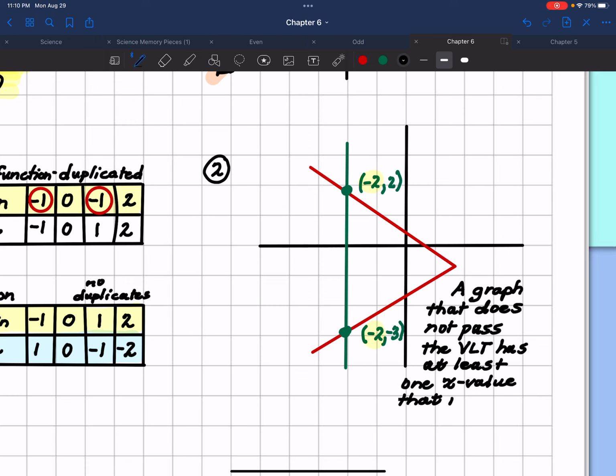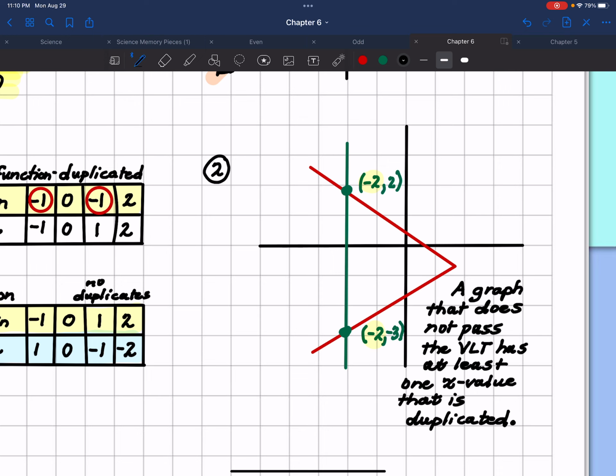And that will always be true. This is a theory question. These were always hard for me. But any graph that fails the vertical line test has at least one x value that is duplicated.